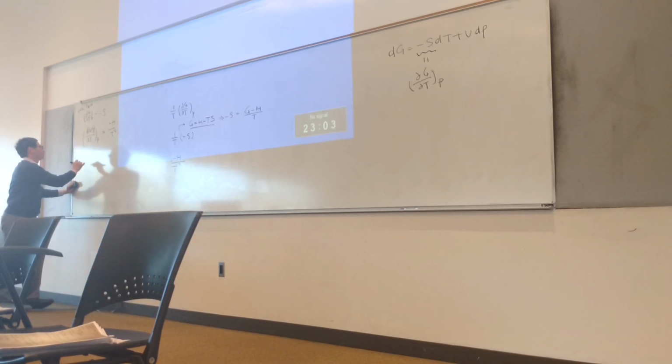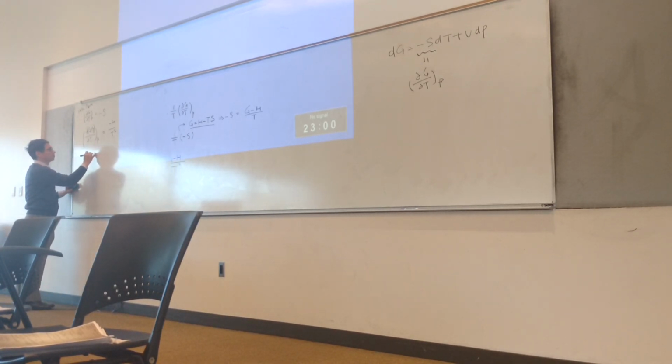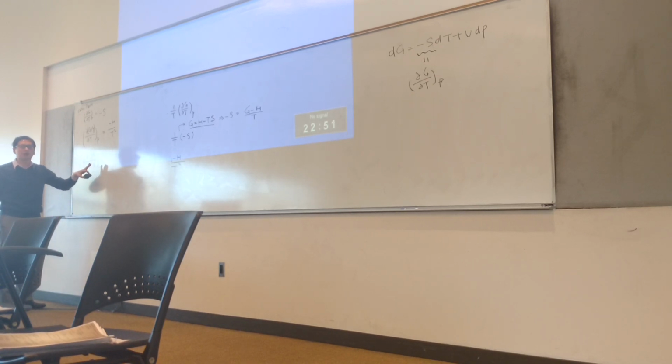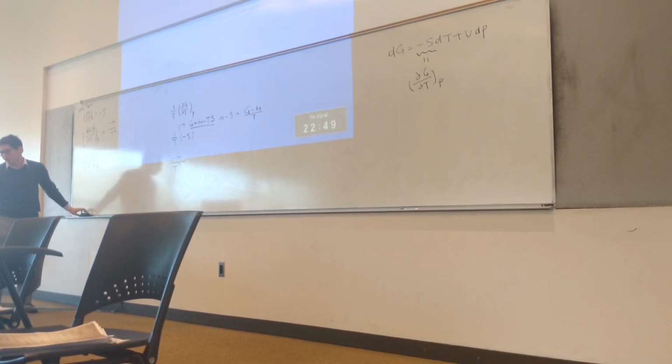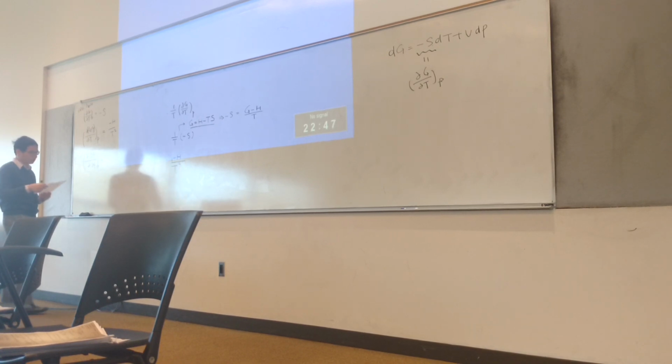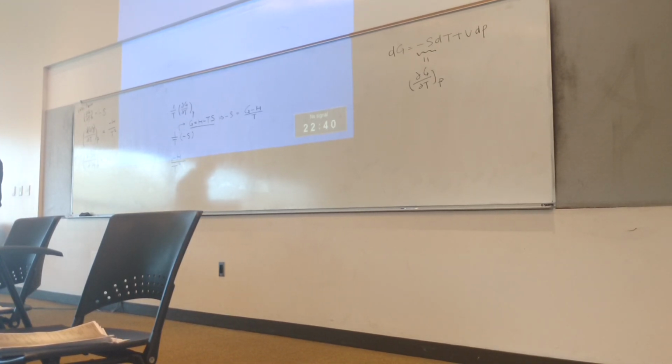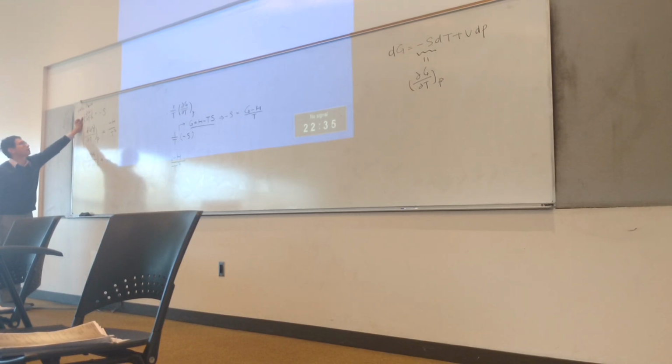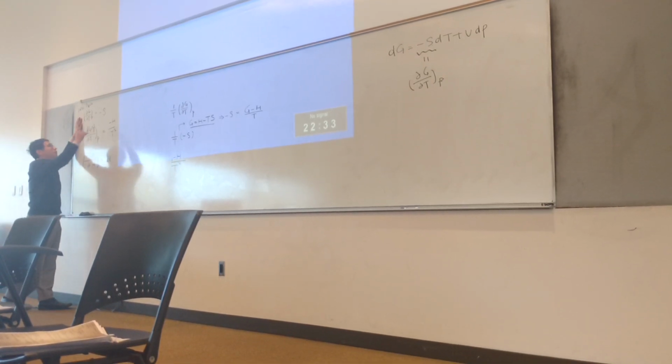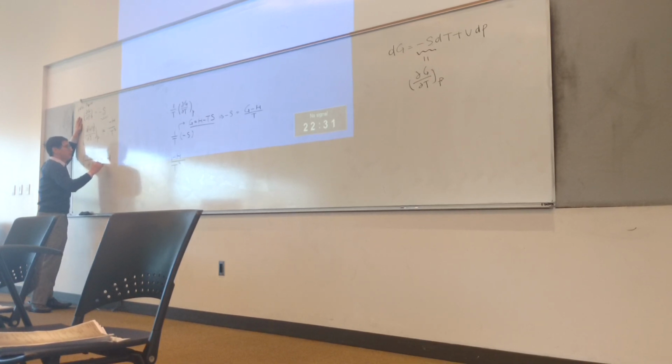What I like is if you do partial G over T, partial 1 over T, at constant P. If you do this derivation yourself, you'll find this term eventually is going to give you just H. So the temperature dependence of your free energy is related to your entropy and enthalpy.